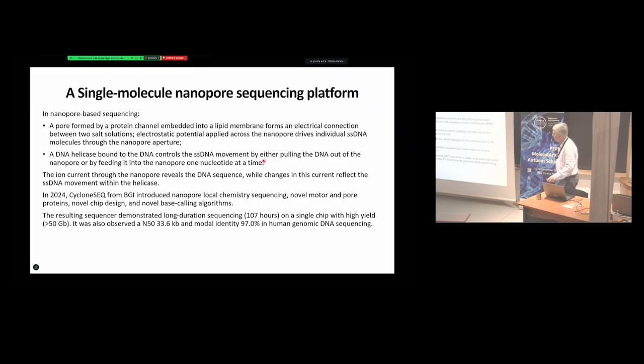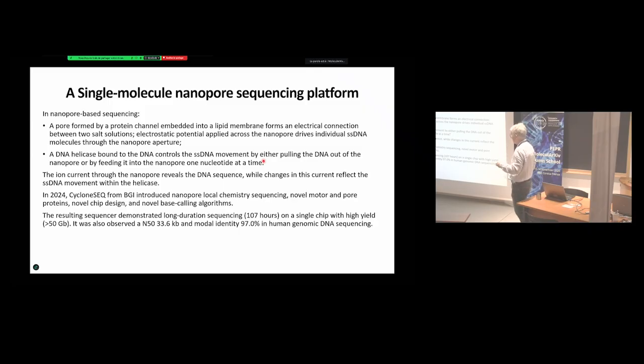So I have perhaps no need to develop the function of the nanopore because we discussed it a little bit yesterday. So we have a protein channel that is embedded into a lipid membrane that forms an electrical connection between two salt solutions.